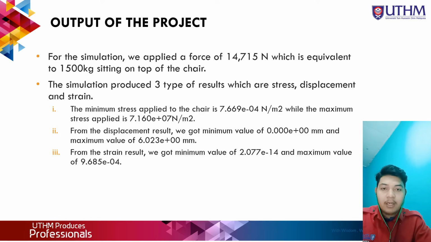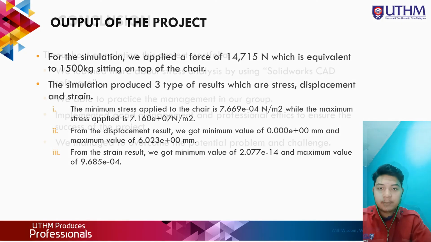For the strain result, the minimum value is 2.077 multiplied by 10 to the power of negative 14, and the maximum value of the strain is 9.685 multiplied by 10 to the power of negative 4.